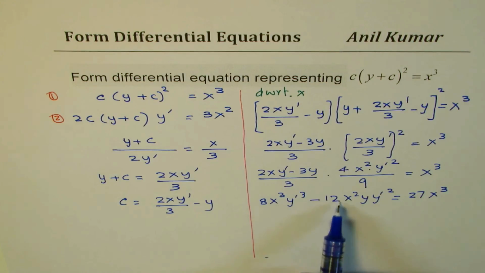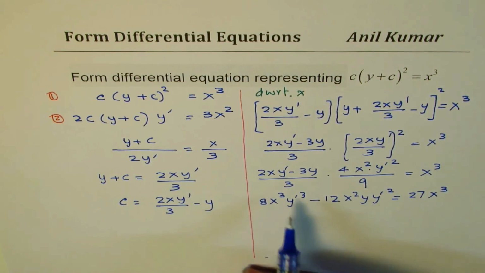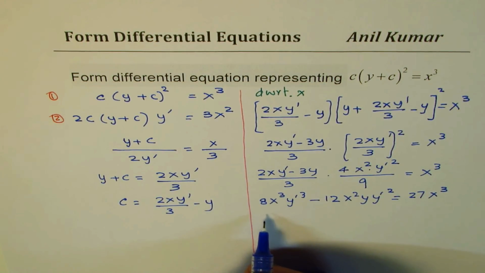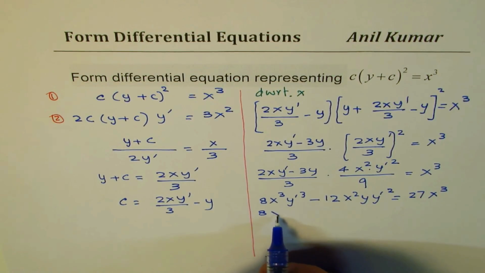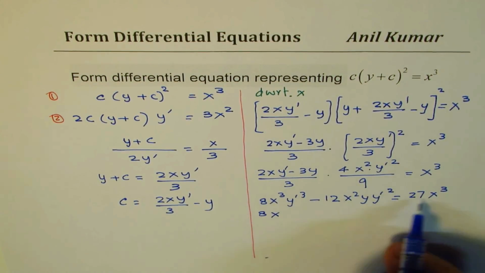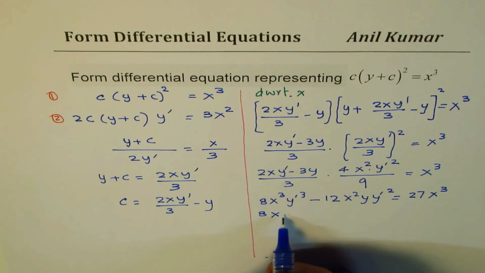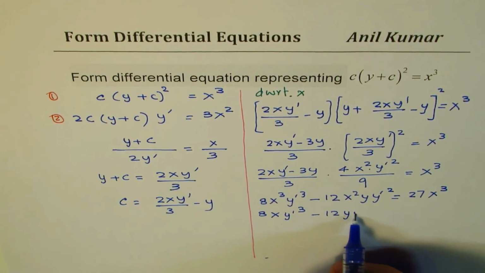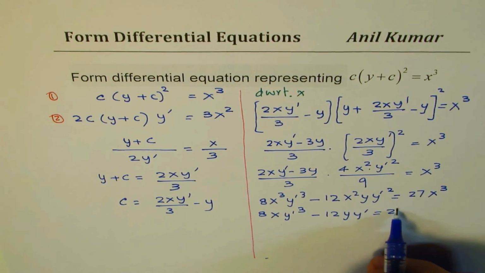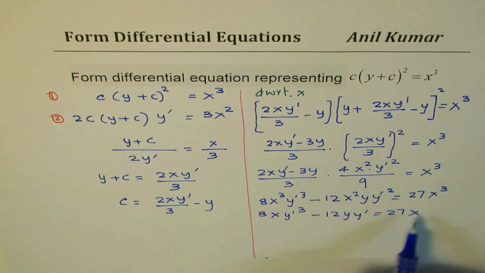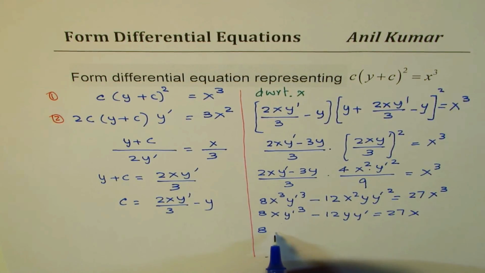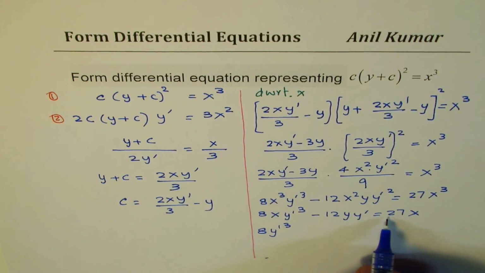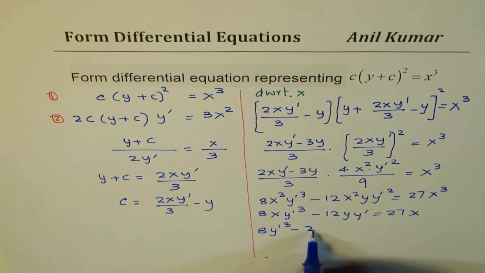So x squared is common, so you can simplify this. x squared can be divided throughout. So we get 8x y prime cube minus 12 y prime equals 27x. Now you can bring the x terms together on this side. So we get x times (8y prime cube minus 27), right?